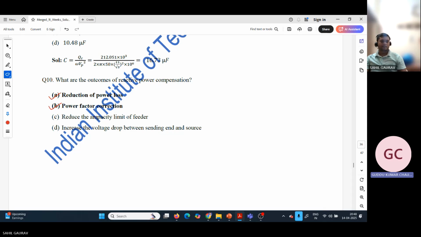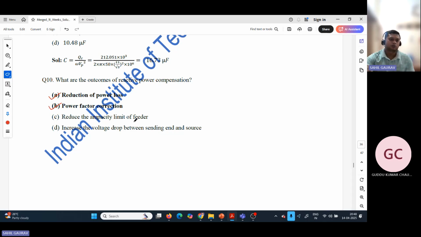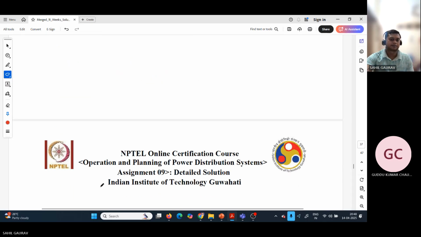No, I am asking why C is not correct? Reduce the ampacity limit of feeder. Ampacity limit of feeder does not belong to reactive power compensation. Yes, it is the characteristic of the line. There is nothing to do with reactive power compensation. Yes, very good. So both A and B are only correct.